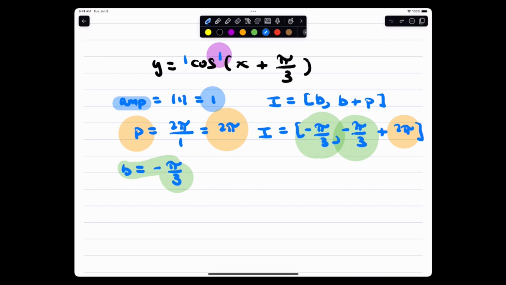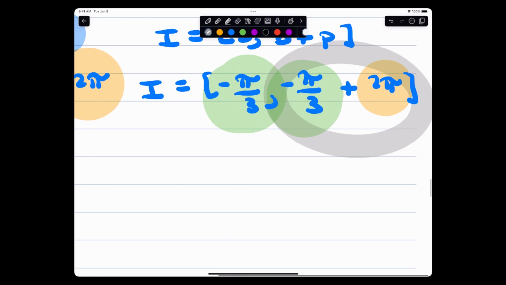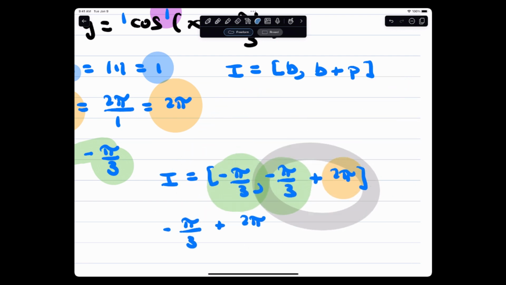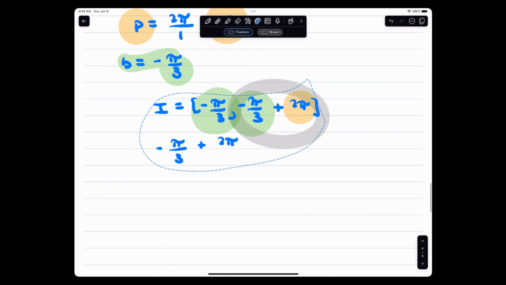So let's go back here. Remember, what are we going to do now? We're going to do all the work here. We're going to do all this addition. Okay? So negative pi over 3 plus 2 pi. That's the work we have to do here. So maybe I'll just move this all down. And there we go.